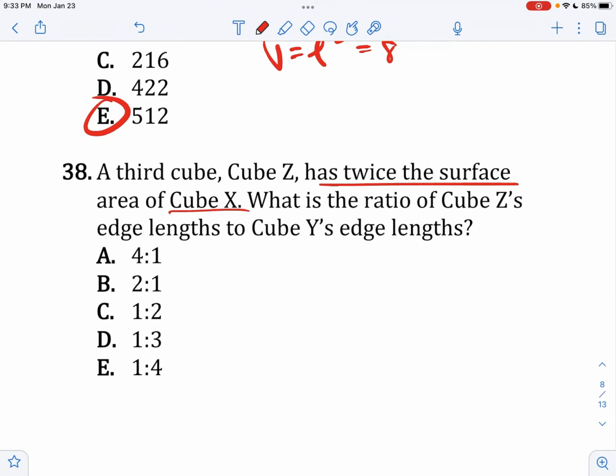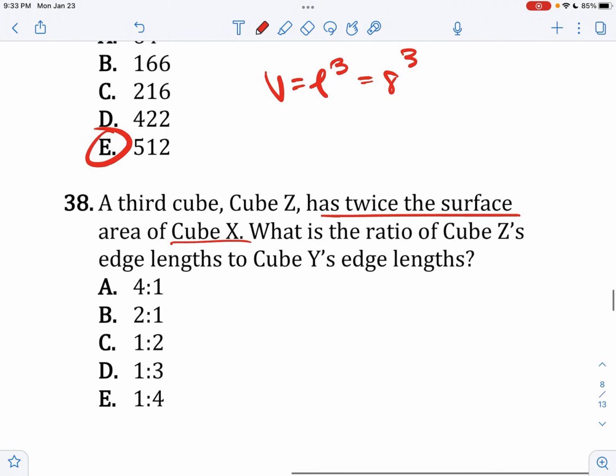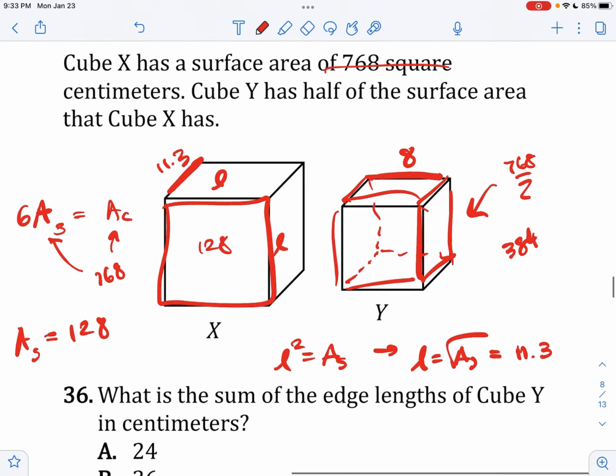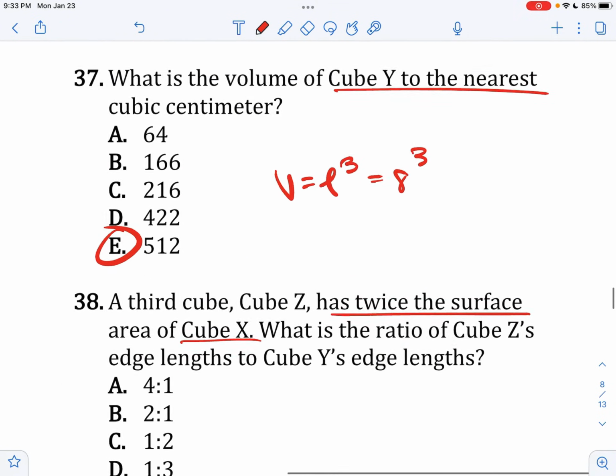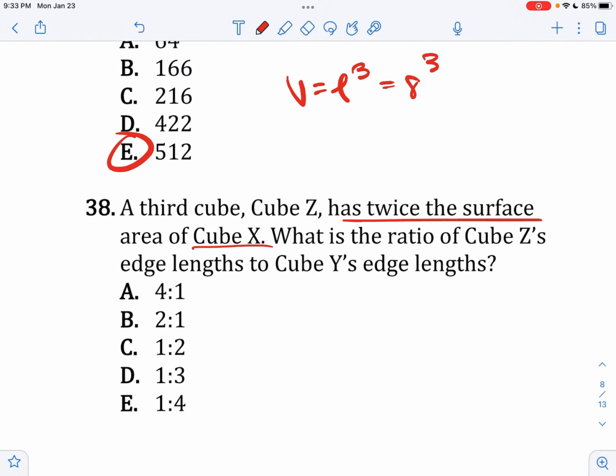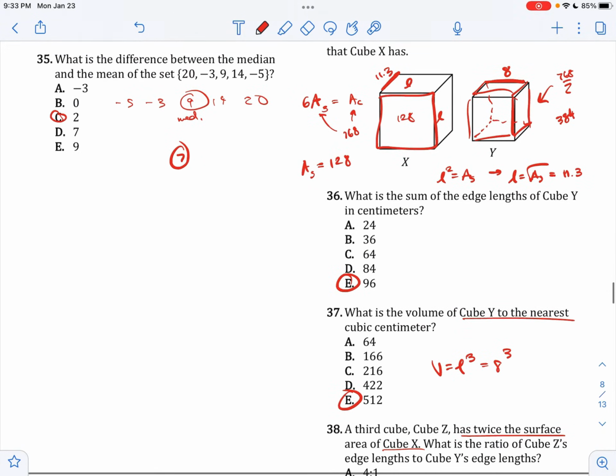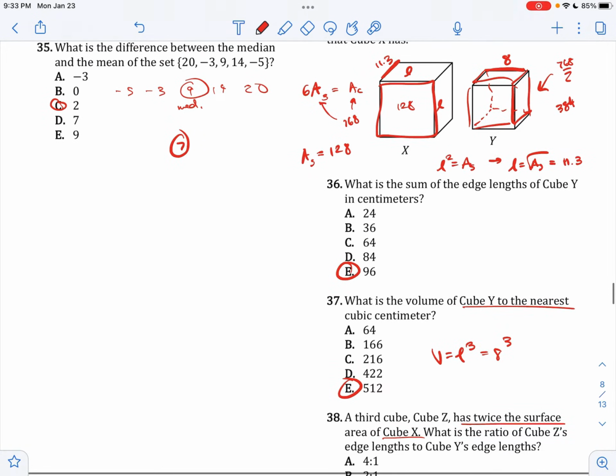A third cube has twice the surface area of cube x. What is the ratio of cube z's edge lengths to cube y's edge lengths? So edge lengths, twice the surface area of cube x. So let's try to solve this without doing any math. Twice the surface area. Actually, let's just do the math. It might be easier than to try to think through this.